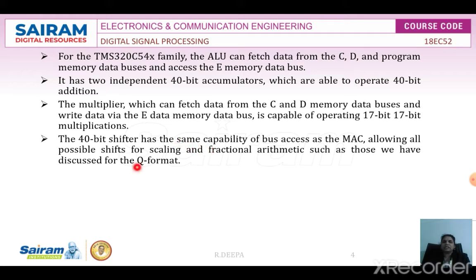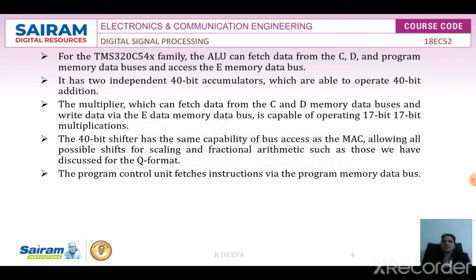And additionally, as we have seen in the block diagram, it has got a 40-bit shifter, and it has the capability of accessing the data from the MAC, and it allows all possible shifts, that is like scaling. So based on the output, we can scale the output to a particular data by using the shifters. And this particular scaling operation is performed when you are going to represent the data in the Q format.